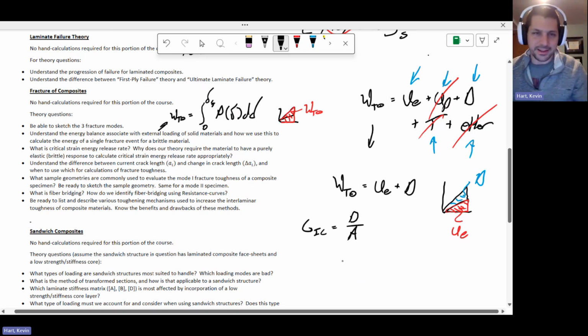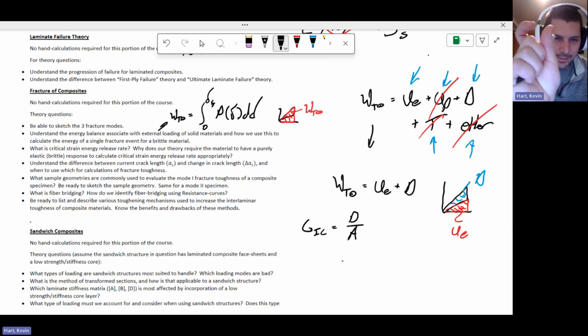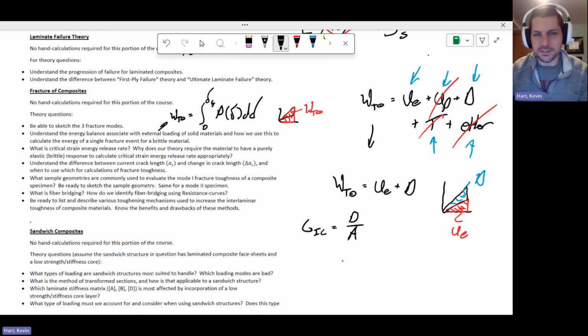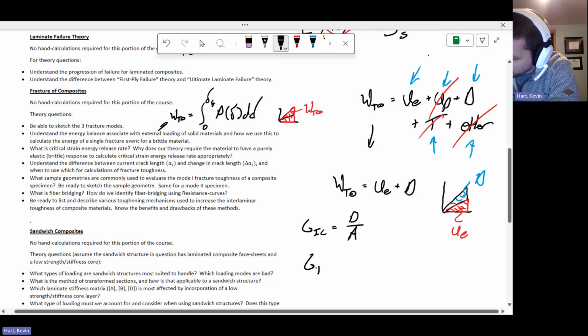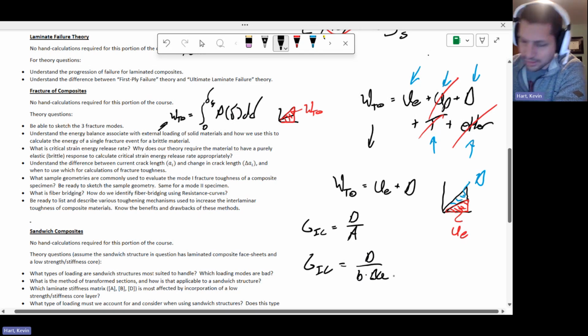Typically the area is delta A, the length that the crack grew, times B, the width of the sample. So G1C is written as D, the energy loss to fracture, divided by B times delta A, where delta A is the crack length and B is the width of the sample.